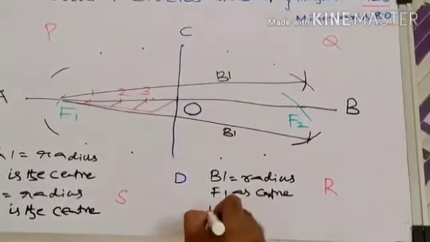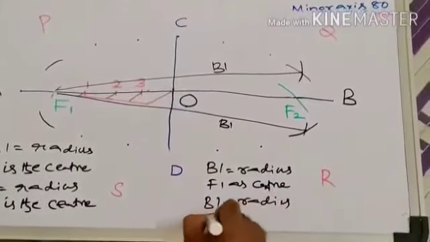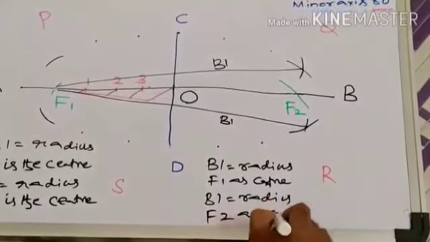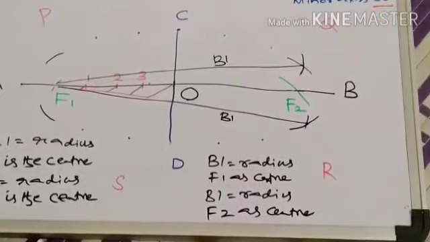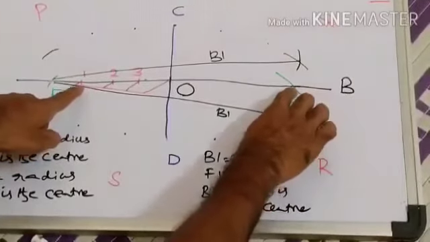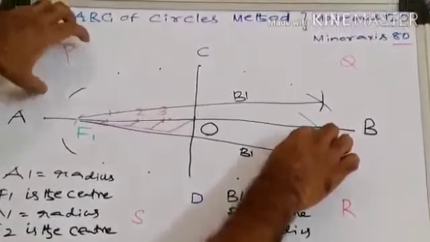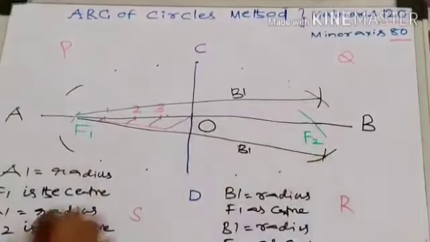Similarly, B1 as radius and F2 as center, you have to cut the arcs in the P portion and the S portion.